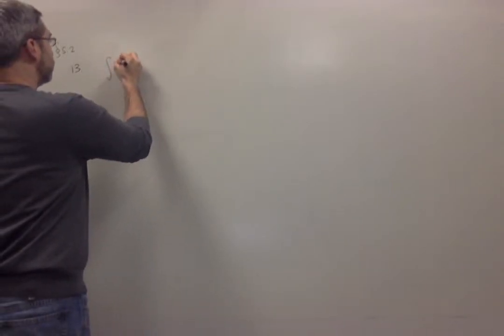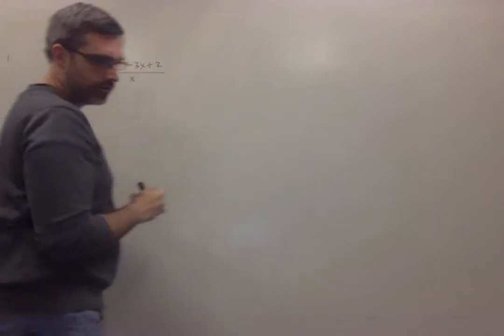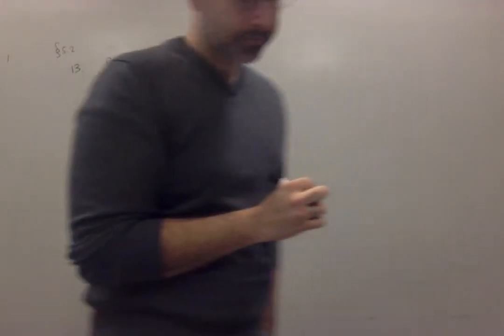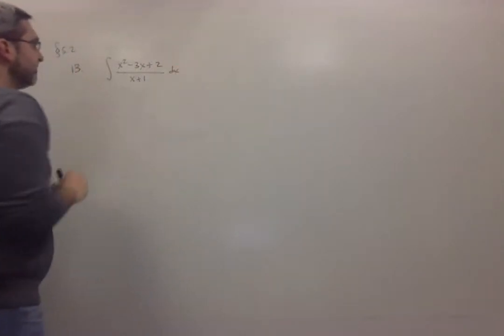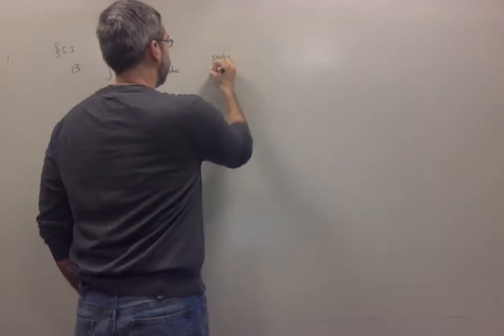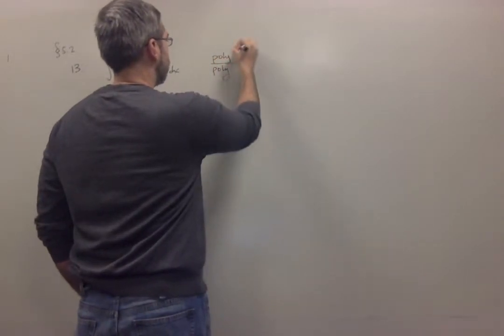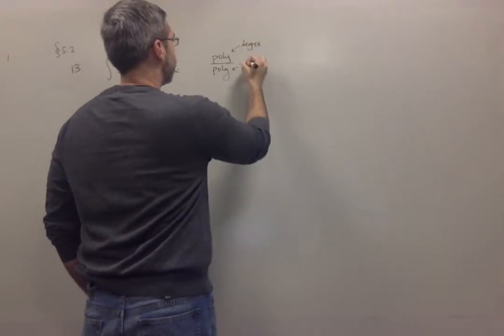So we've got the integral of x squared minus 3x plus 2 over x plus 1 dx. And when you have a polynomial over a polynomial, so this is just a reminder, when you're faced with an integral of a polynomial over a polynomial, you're looking at the degree of each.